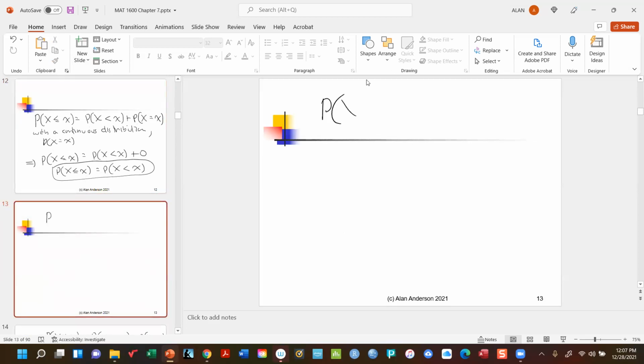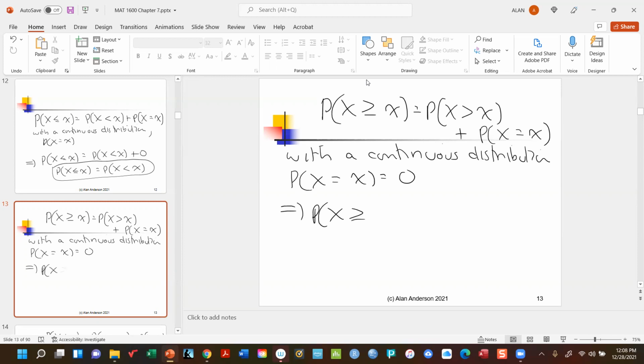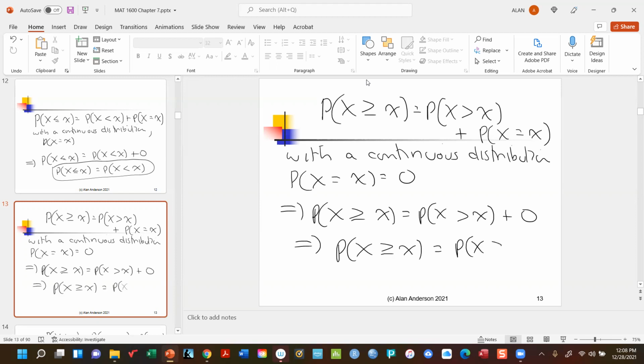And with a continuous distribution, we know that this probability is 0, so therefore, okay, they're now the same.